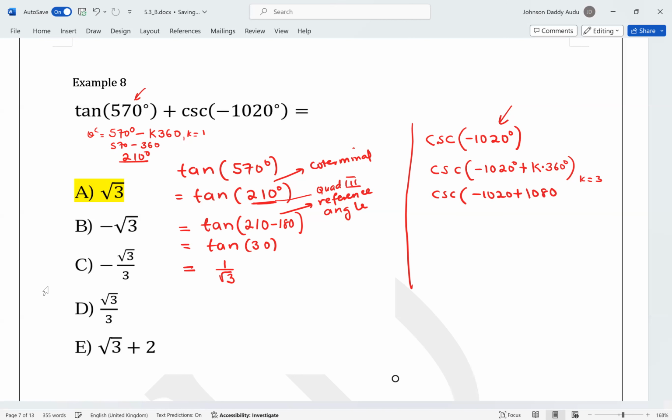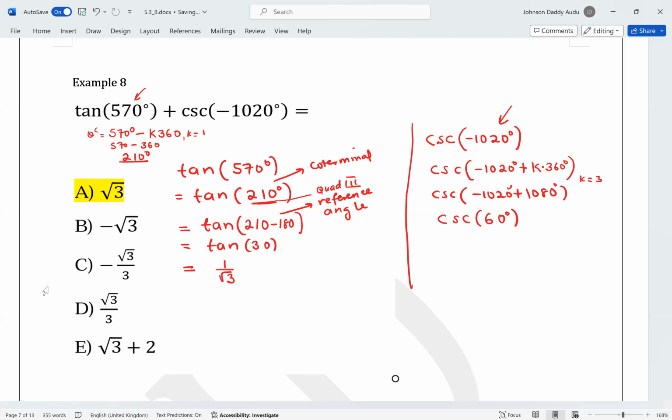So now if you look at this one, we have minus 120, then if you add 1080, you have just 60 degrees. So this is going to be cosec of 60 degrees, right?